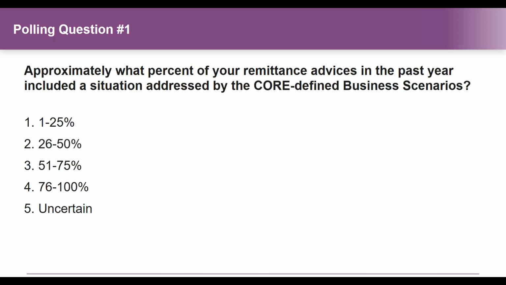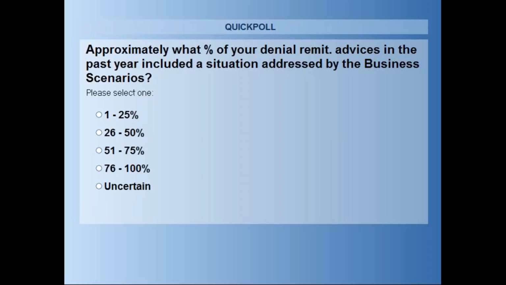So this question asks, approximately what % of your remittance advices in the past year included a situation addressed by the core defined business scenarios? And I will go ahead and get this poll launched. And you should see it appear on your screen. So please go ahead and make your selection, and then I'll share the results, and Bob, maybe we'll get some feedback very quickly before we move on.